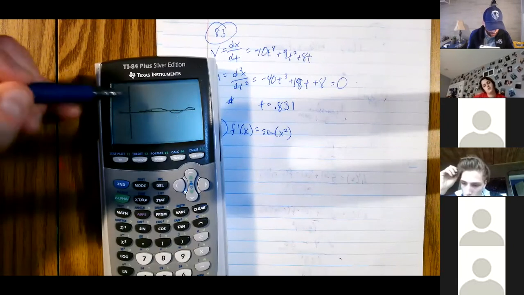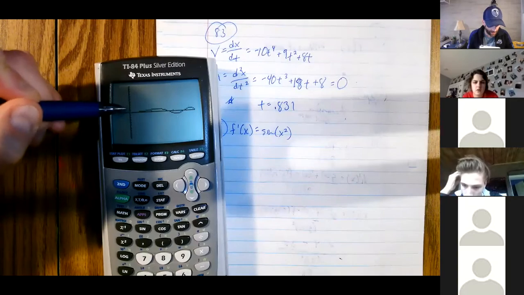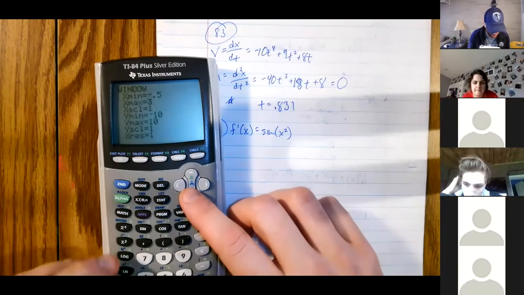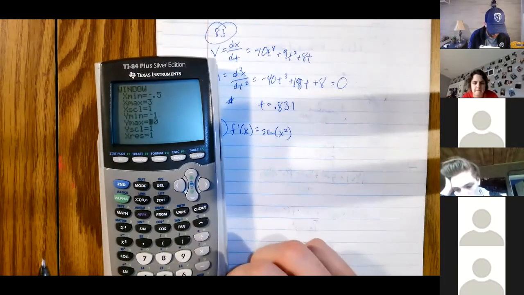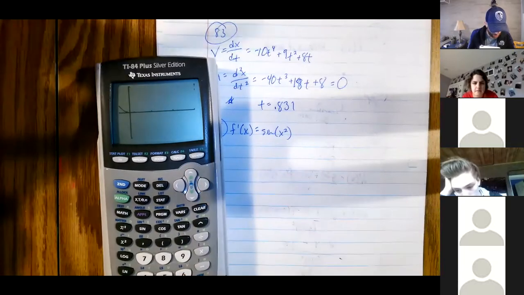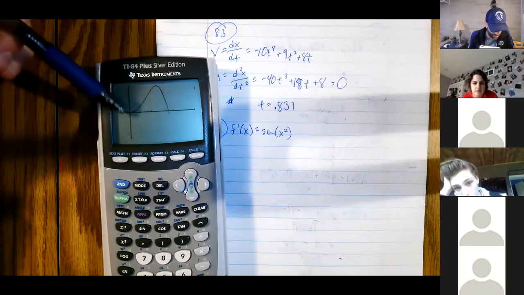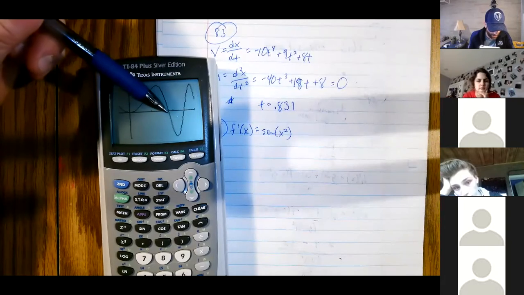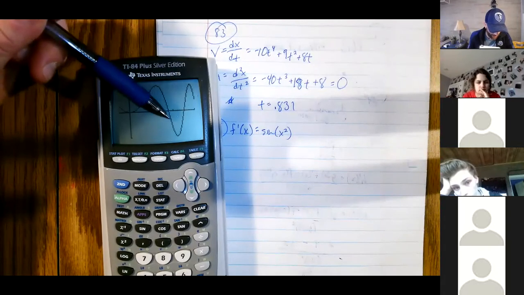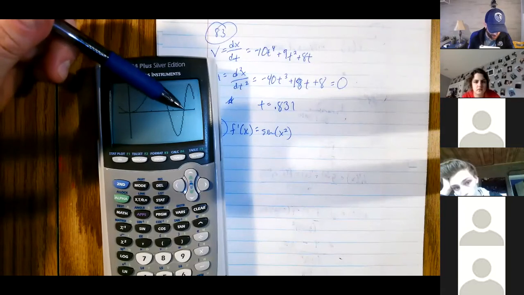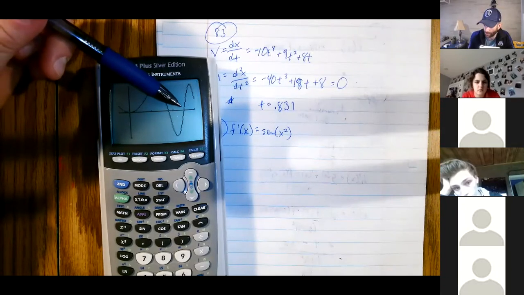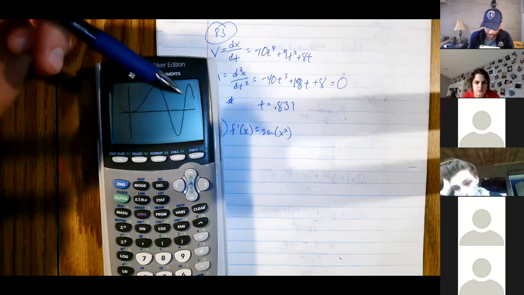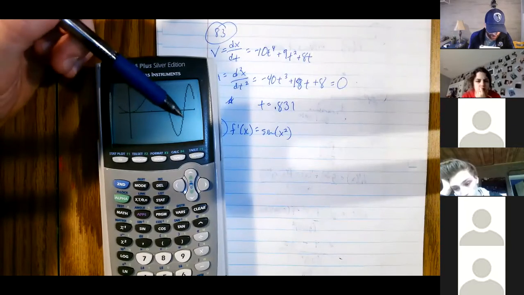It's also kind of weird right here at 0 and hard to view, so I'm going to change my y's to -1 to +1 to see closer to the axis. At 0, you clearly see that it's above the x-axis. Then here it's above then below, and here it's below then above. Remember, we're looking for a relative or local minimum, which means the graph of the derivative changes from negative to positive.